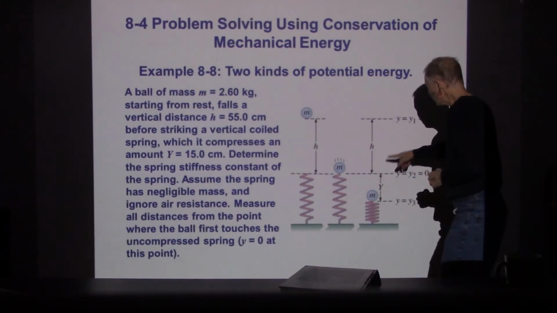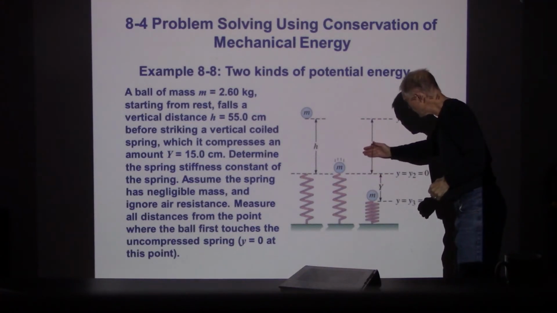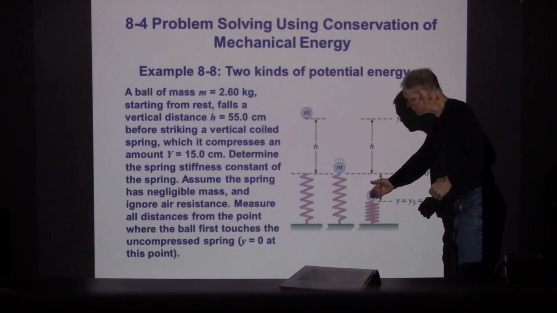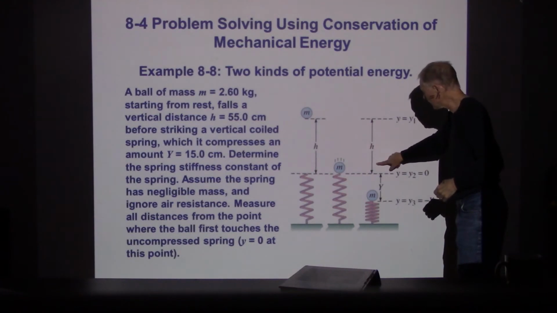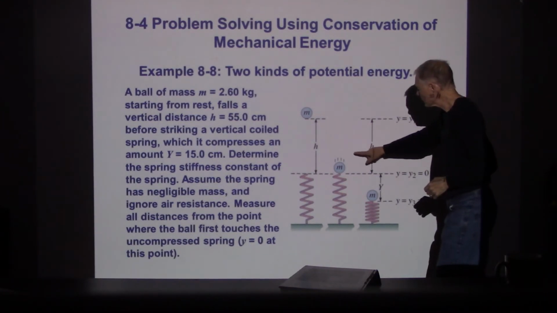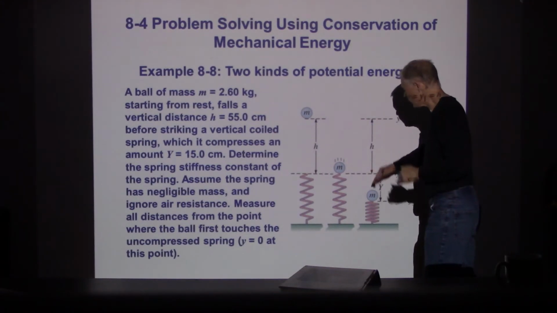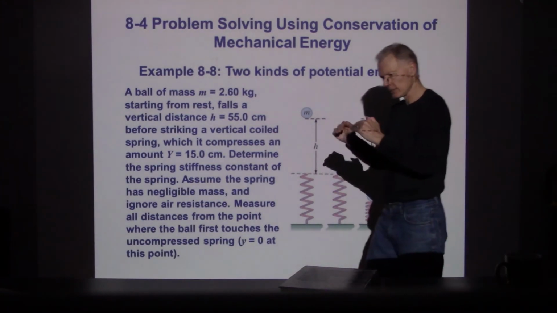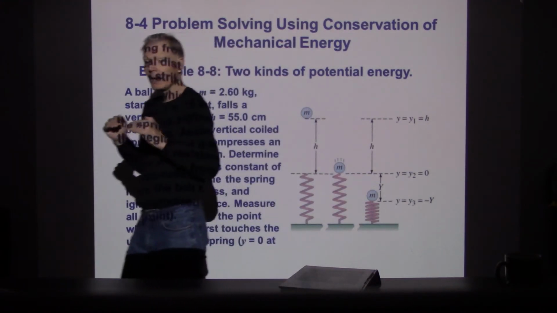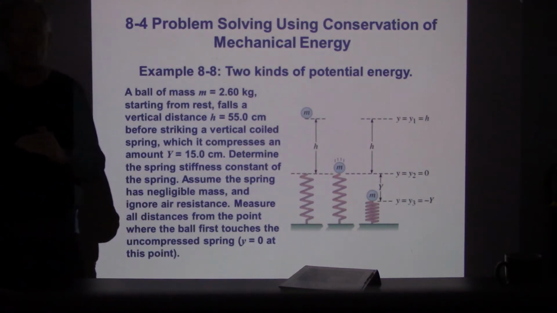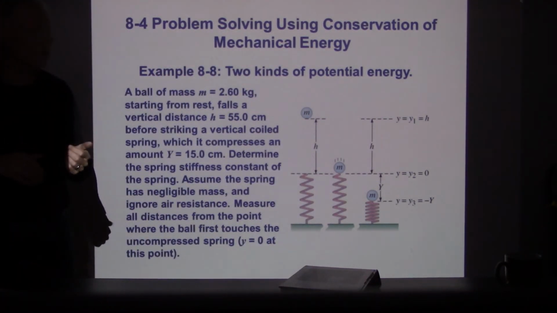Now, notice what happens when the mass compresses the spring. This is the most complicated step because I had kinetic energy here. Once I reach the very bottom and it slows down and stops, I no longer have kinetic energy. So the kinetic energy is gone.